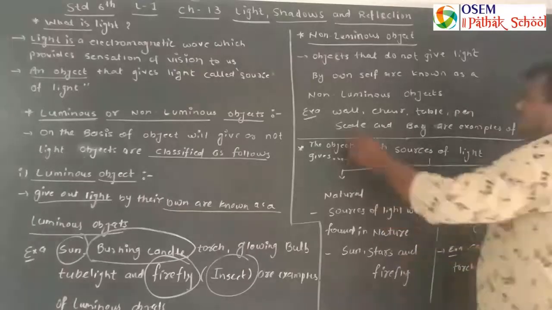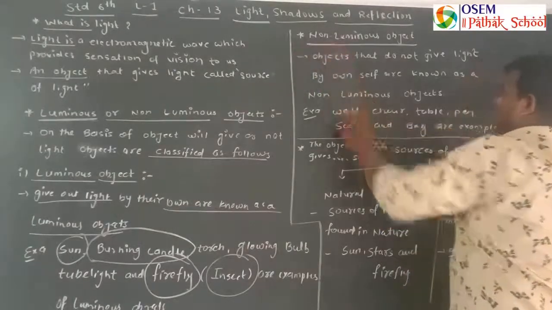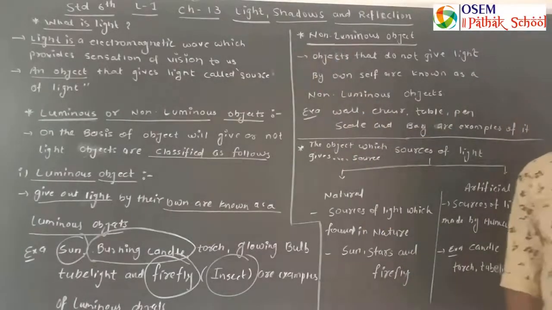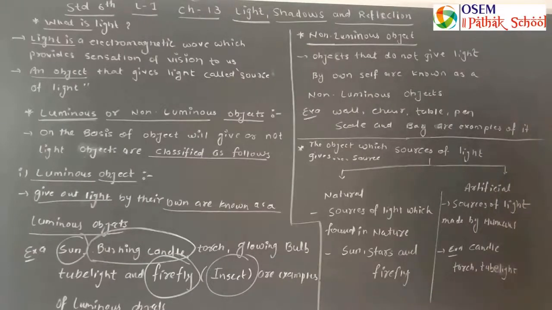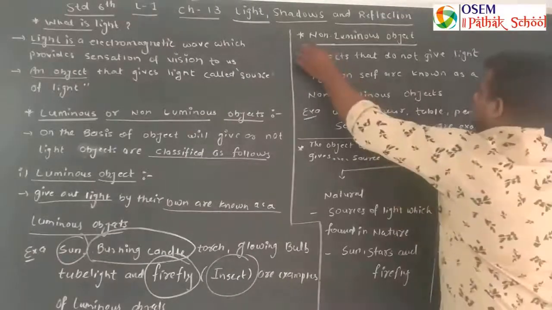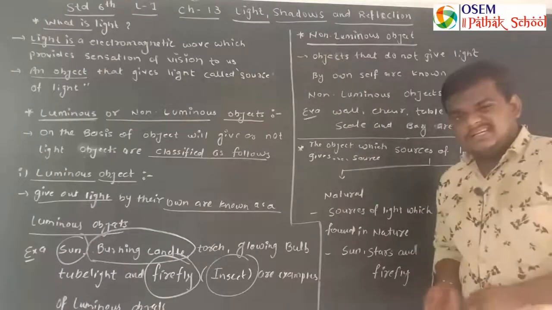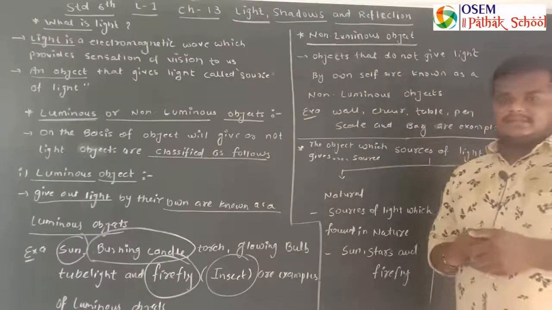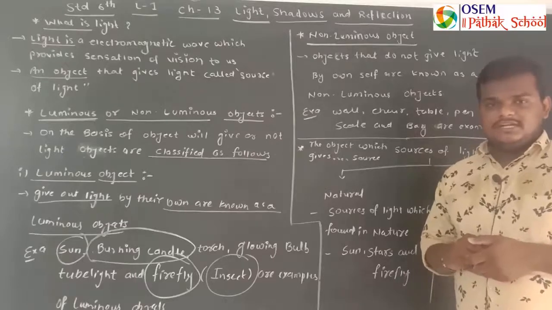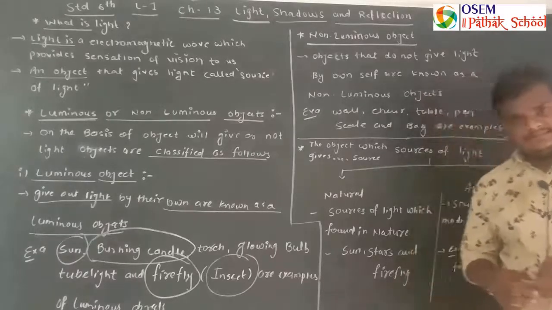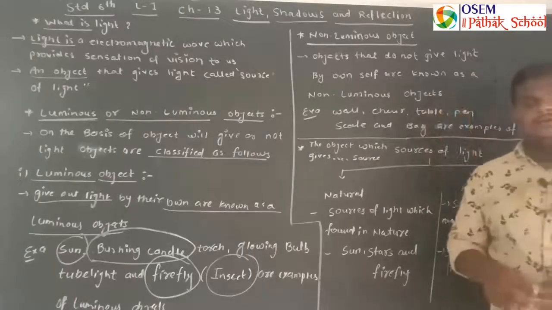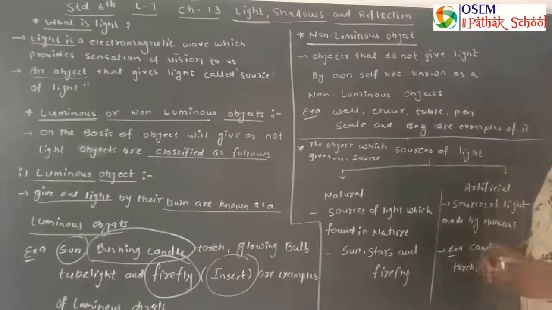Now the second type of object is non-luminous objects. What are non-luminous objects? As I told you, the objects which do not provide light are considered non-luminous objects.